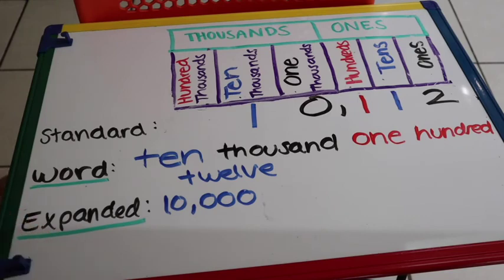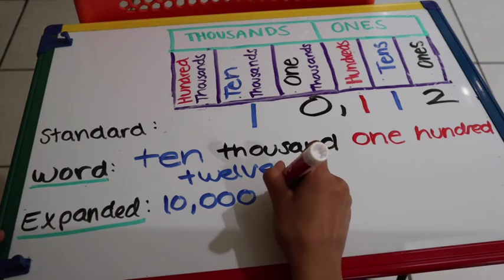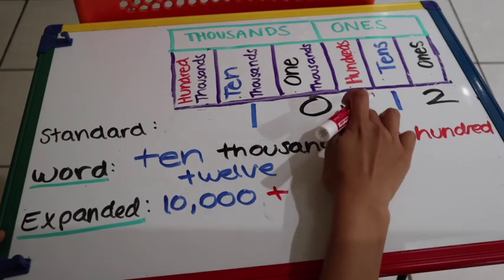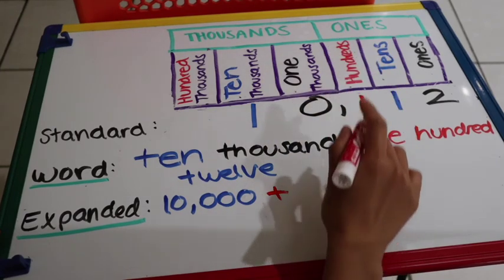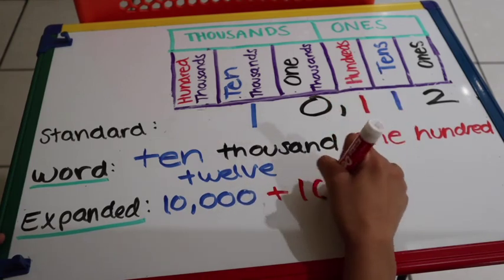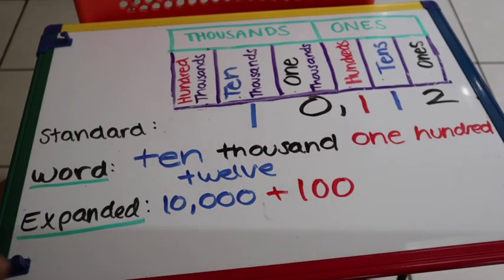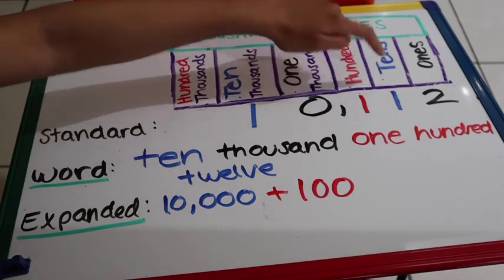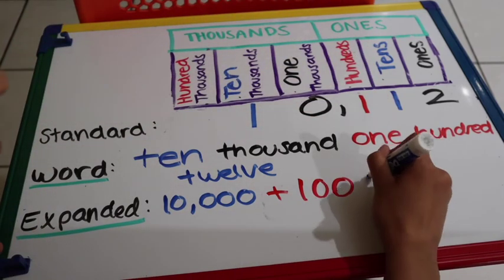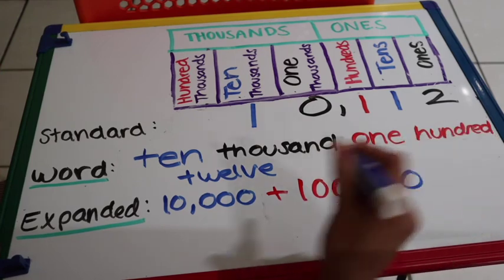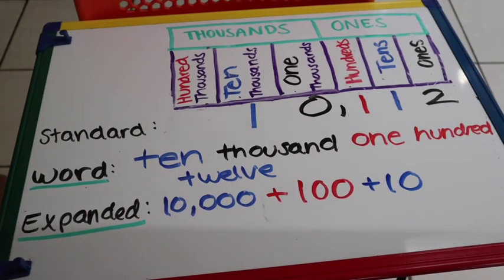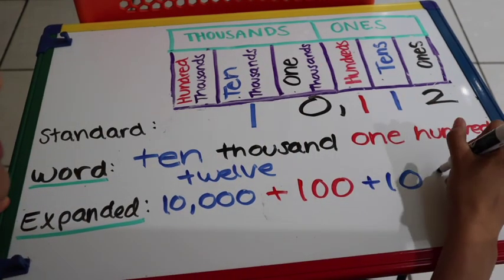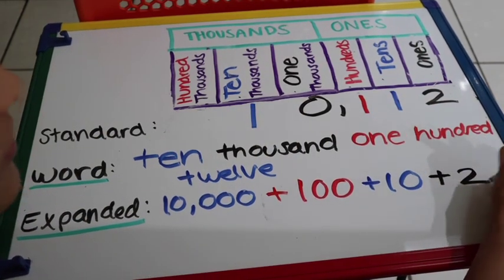And I can go straight into the 1 group of 100. So I'm going to write plus 1 group of 100. So 1 times 100 is 100. Okay, now we're in the tens place. I have 1 group of tens, so that would just be plus 10. And then last but not least, I have 2 groups of ones. So plus 2.